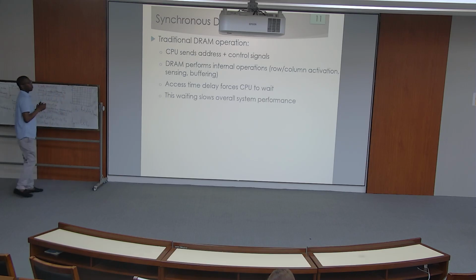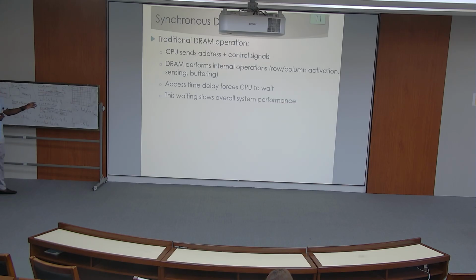Now, for the DRAM, it has to perform some internal operation using the column and the row address. The row address needs to latch a row, and the column address needs to select a cell once the row has been selected.